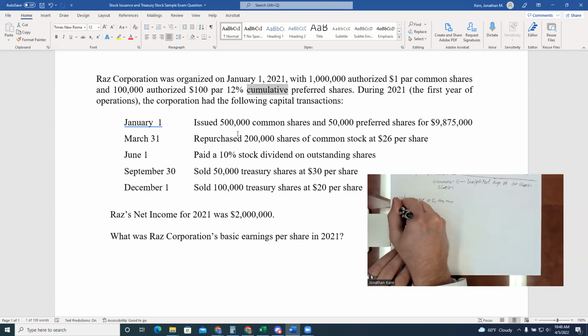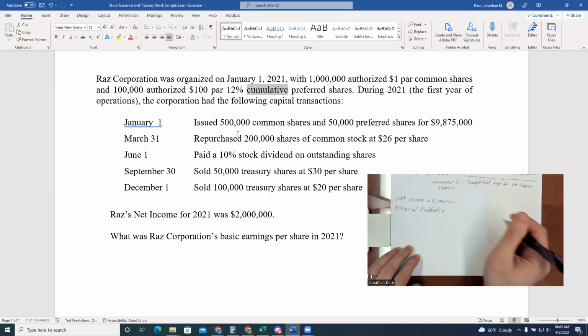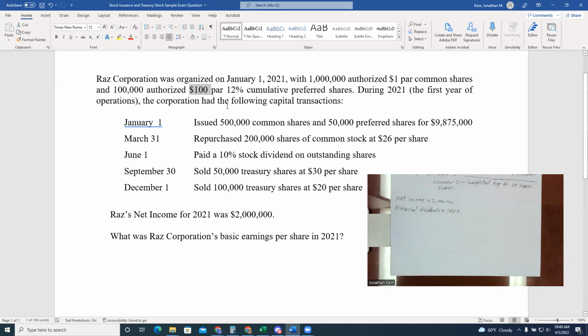So the way we calculate preferred dividends is we're going to take the par value, and this par value is $100, and we're going to multiply it by the number of outstanding shares. Although they have 100,000 authorized shares, they only issued 50,000 preferred shares during the year.